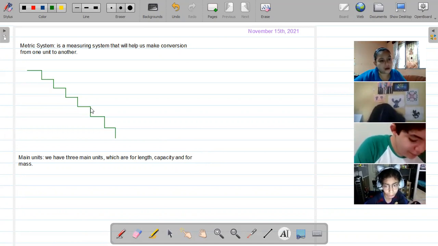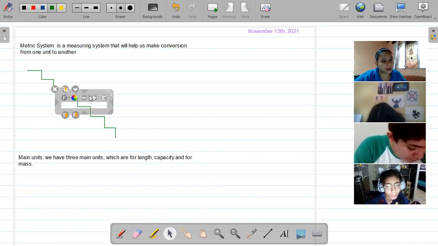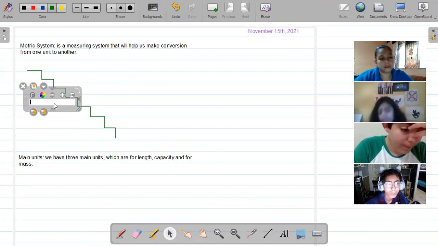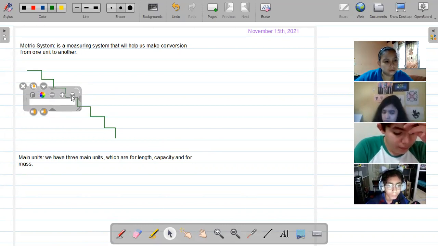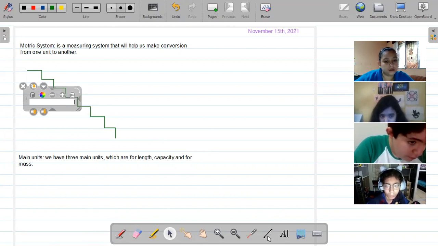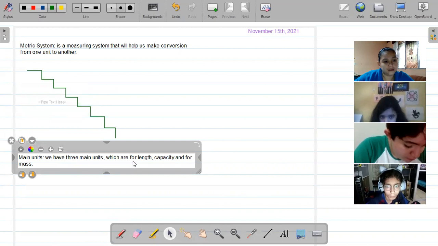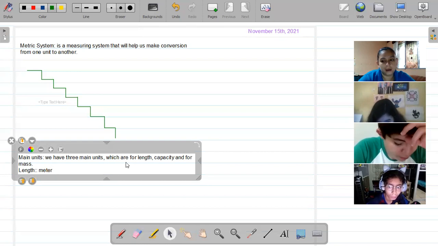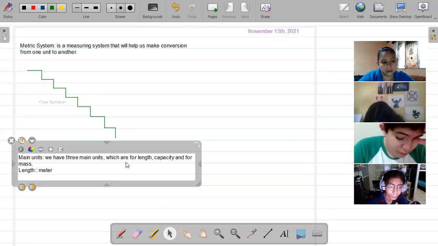Now I'm going to type over here the main units. For length, sorry. So for length, the unit is the meter. The main unit is the meter.